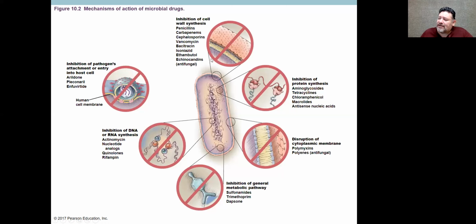One of the best motifs or mechanisms is actually the inhibition of the buildup of the peptidoglycan cell wall. So this is particularly important for gram-positive microorganisms that are known to have a thick peptidoglycan cell wall.